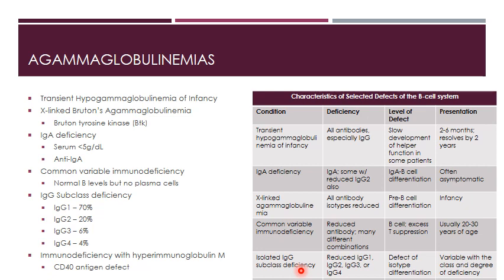Without mature B cells means no plasma cells in any of the lymphoid tissues. So if you do a lymph biopsy on any one of these kids, and these are usually diagnosed in kids because of the repeated illnesses, they'll have pre-B cells in their bone marrow. But remember, the differentiation is arrested in the bone marrow.